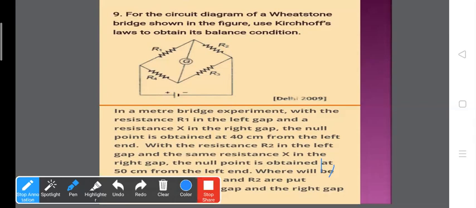The null point is obtained at 40 centimeter from the left end, so L equal to 40 centimeter. Now with the resistance R2 in the left gap and the same resistance X in the right gap, the null point is at 50 centimeter. Here we can call it L2 equal to 50 centimeter, right?